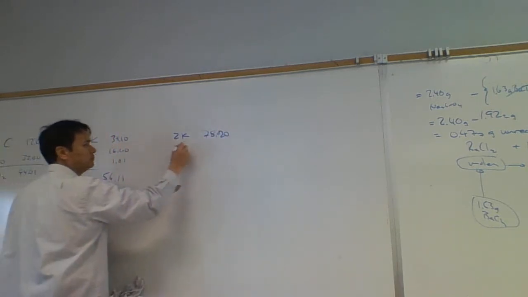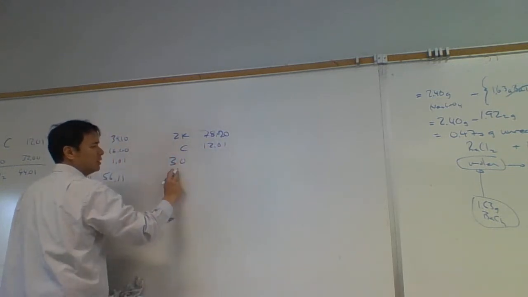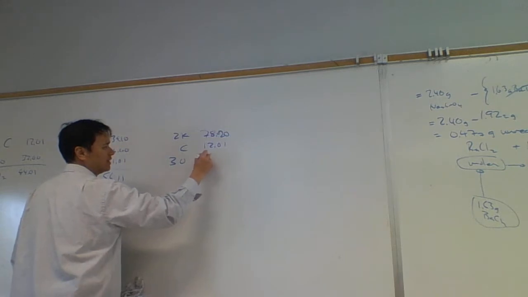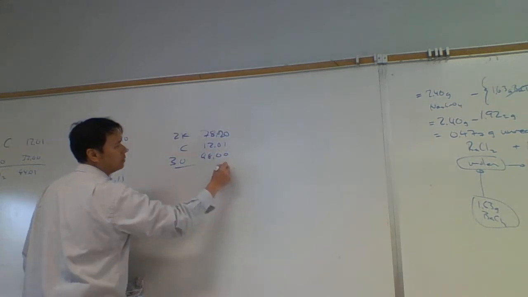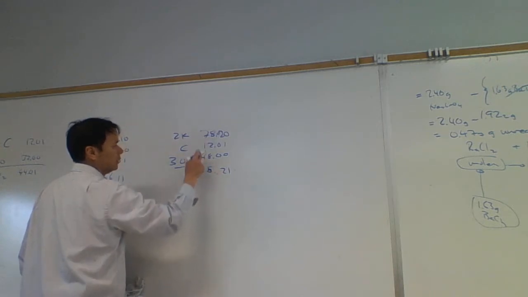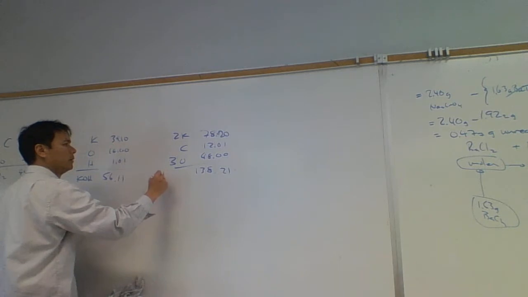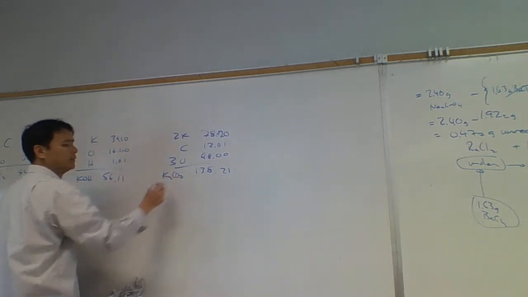Carbon is 12.01. And 3 oxygens, 16 times 3 is 48. Adding it up gives 138.21 for K2CO3.